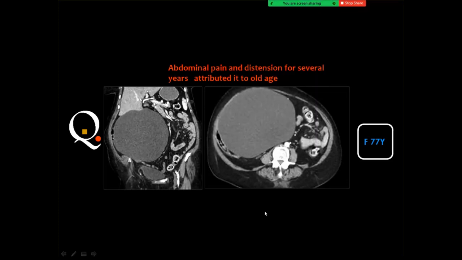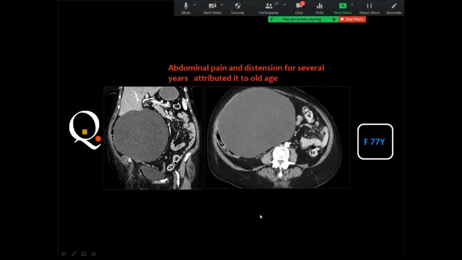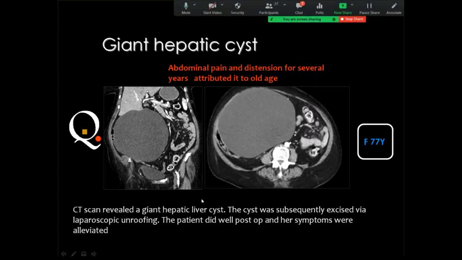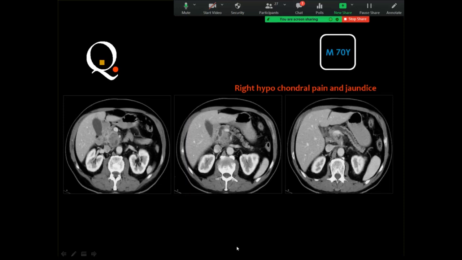This is simple hepatic cyst, a huge simple hepatic cyst, and you know that it is arising from the liver by the claw sign, which fits also for kidney lesions. A simple lesion is made of clear fluid density with no internal septations, no calcification, no enhancement, and no mural nodules.